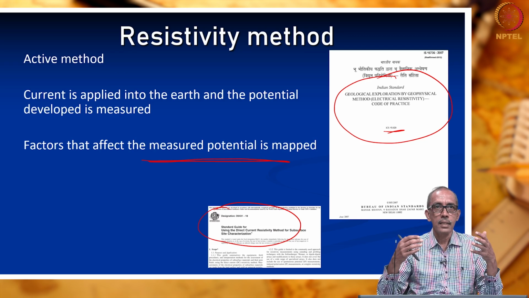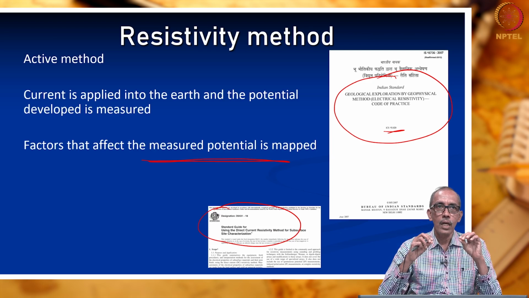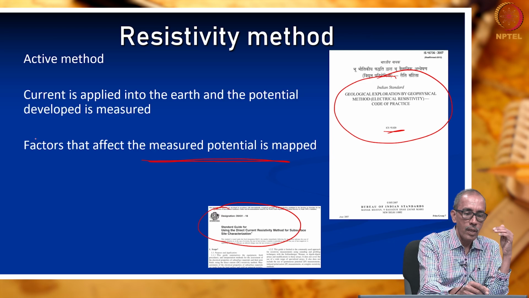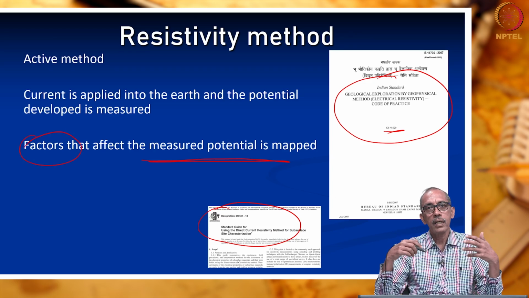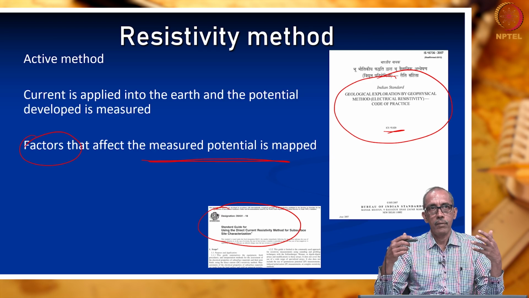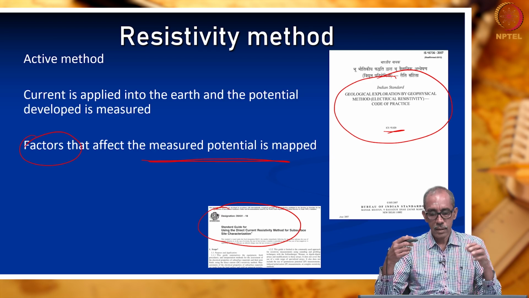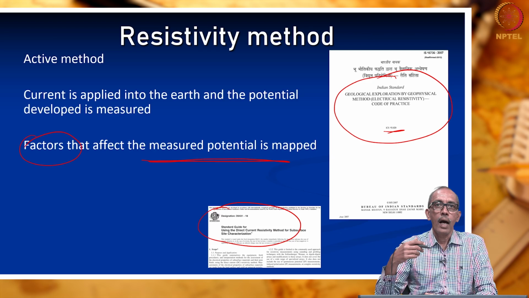In such a case, the most important factor that is going to control the measured potential is the level of saturation. So, by carrying out an electrical resistivity survey, we are able to understand the level of saturation, which means we are going to measure the factors that affect the potential, right? We are going to understand the factors that are going to affect the potential that we are going to measure.